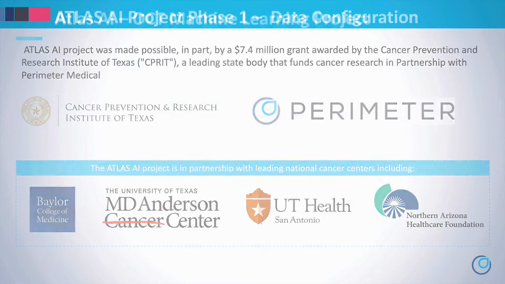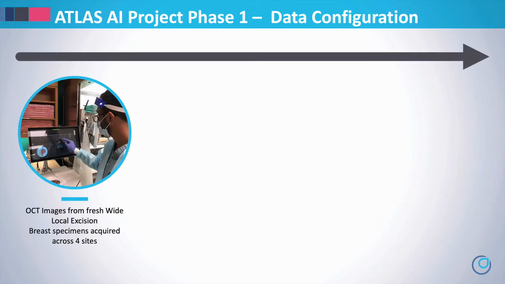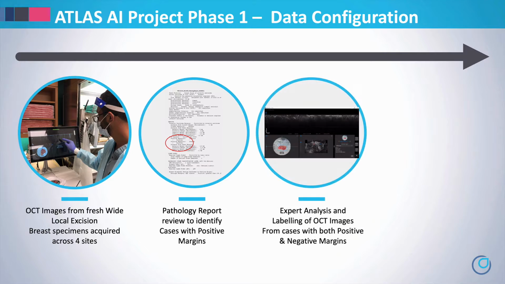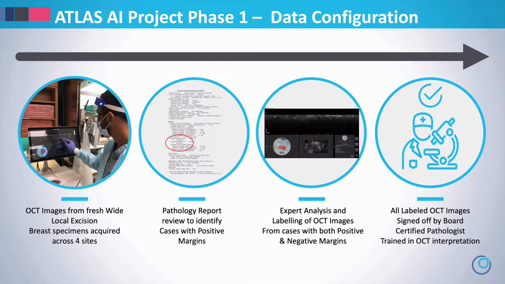So in terms of capturing the data, you can see on the left-hand side that the optical coherence tomography images are being captured in the pathology suite immediately after surgery across the 4 sites. It takes a little bit of time to generate the pathology report, second picture in, but then that pathology report is cross-integrated with an expert analysis of the OCT images to make sure that we can label where the images are showing things versus the actual pathology report.